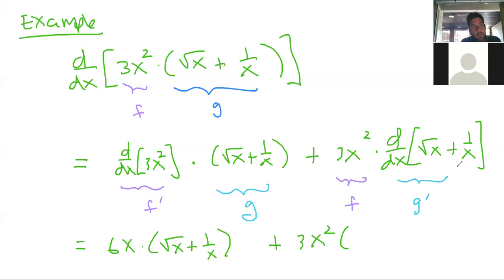And then what's the derivative of this piece? Well, by the sum rule, this is 1 over 2 root x, because that's the derivative of square root of x. And then it's minus 1 over x squared, because that is how we differentiated 1 over x. And so that is the derivative. Yikes. Of course, you could simplify that if you wanted, but right now we're not going to.